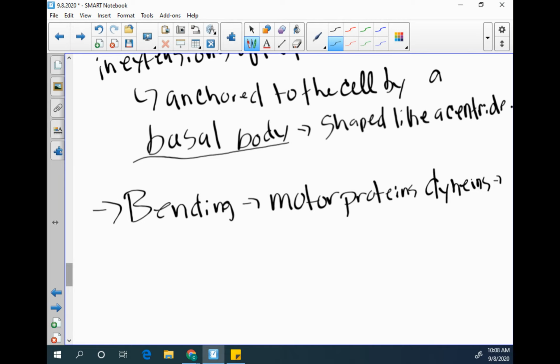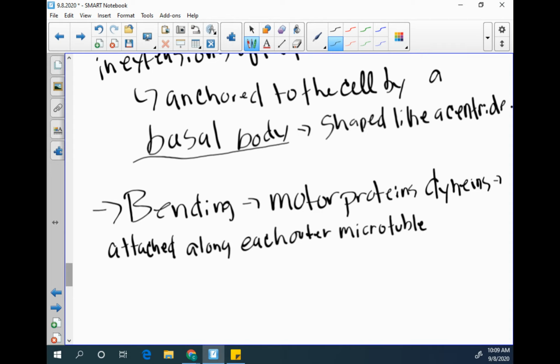So, might get a little complicated. Attached along each outer microtubule doublet.